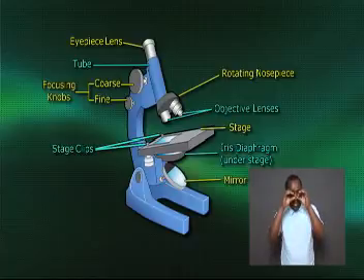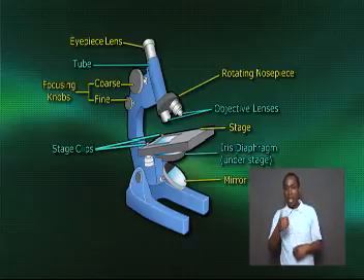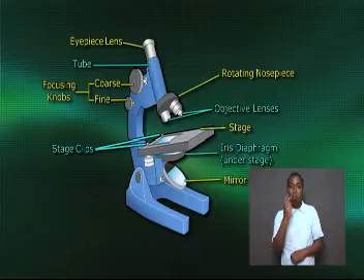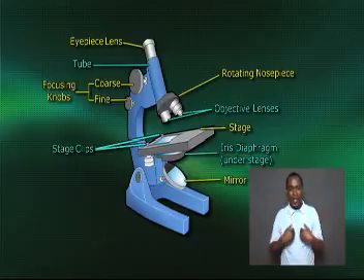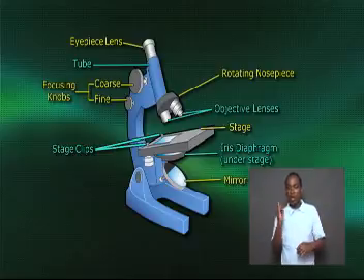Other microscopes, called compound microscopes, have two lenses, an eyepiece lens and the objective lens. A compound microscope produces a much more magnified image than a single lens.